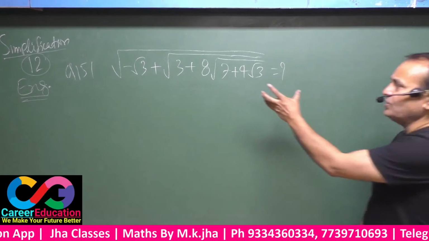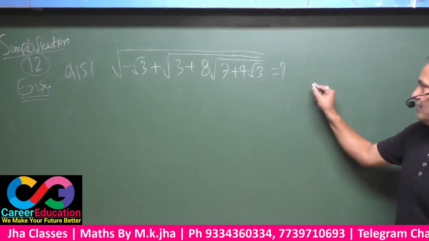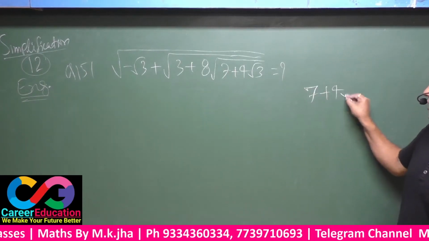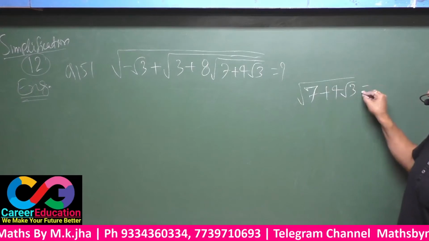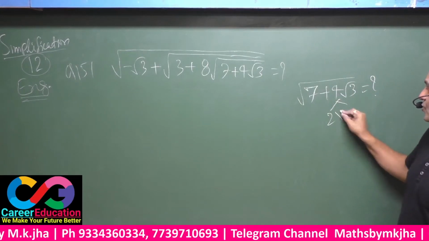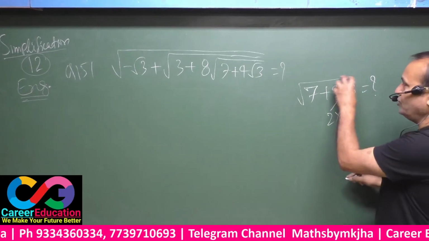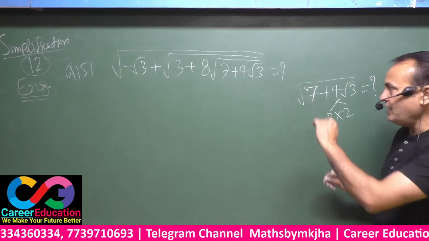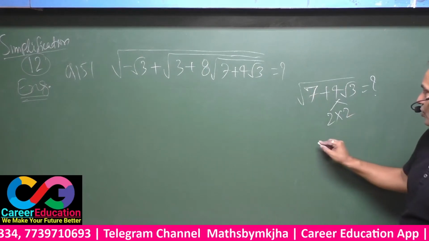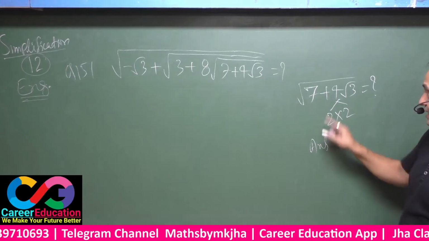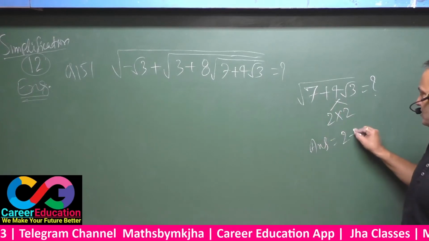You have to solve this situation at first. That means under root of 7 plus 4 under root 3 equals to what? That means here is 2, here is 2, 2 square 4, root 3 square 3, after addition that is 7. That means the answer for this situation is only 2 plus root 3.